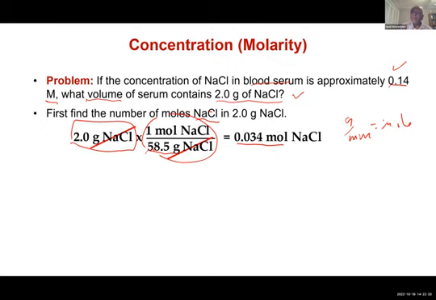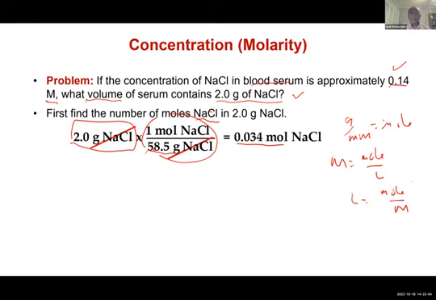Now you have the molarity, 0.14, then convert molarity to liters. Molarity is equal to moles divided by liters. Therefore, liters is moles divided by molarity.